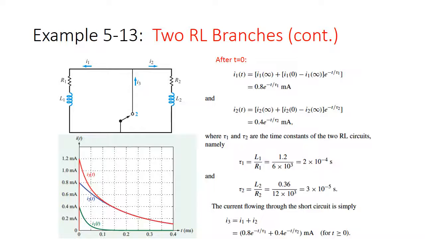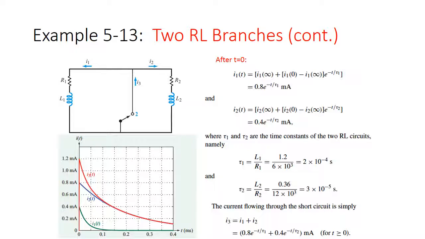So those are our initial conditions, and now we're going to go down to where tau 1 and tau 2 are the time constants of the two RL circuits. Remember, we use the equation tau equals L over R to pull out that time constant. Our time constant is going to be 2 times 10 to the minus 4 for tau 1, our first inductor, and for tau 2, it's 3 times 10 to the minus 5.